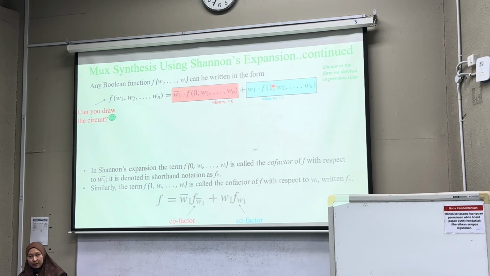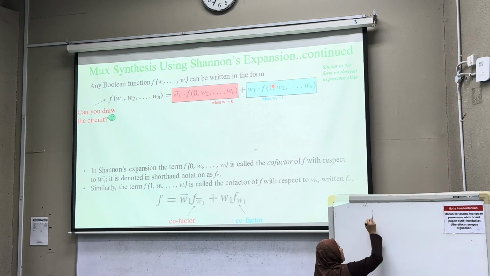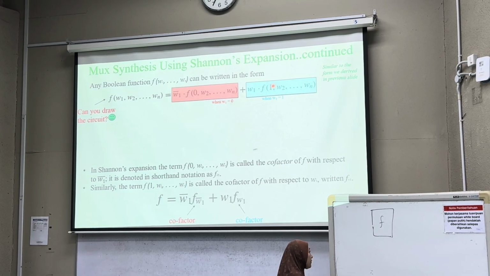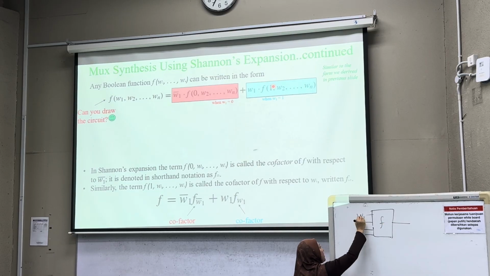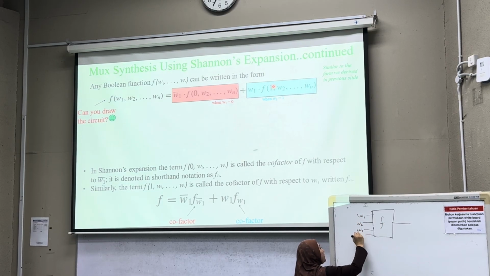Okay, so what are we talking about here? Actually, this is like the 4-to-1 mux I showed you before. Say that I have a 4-to-1 mux with a function there, right? So here this is W1, W2, W3, W4.